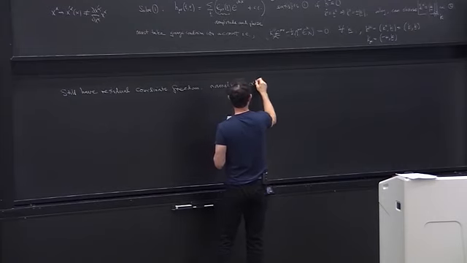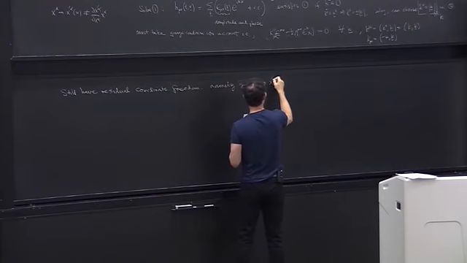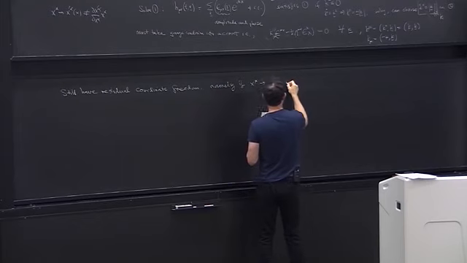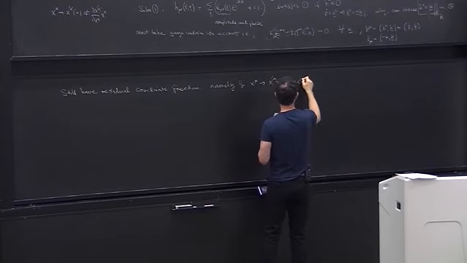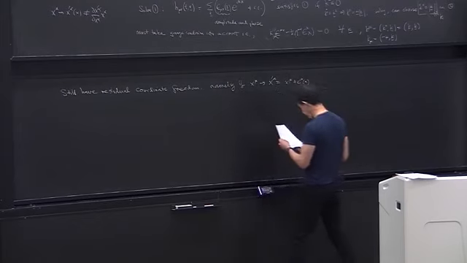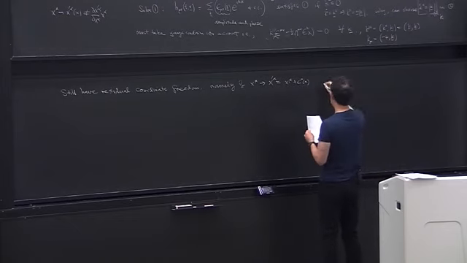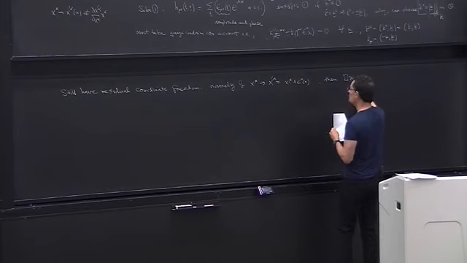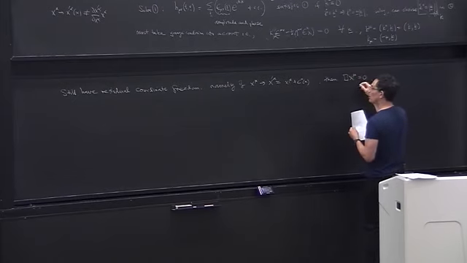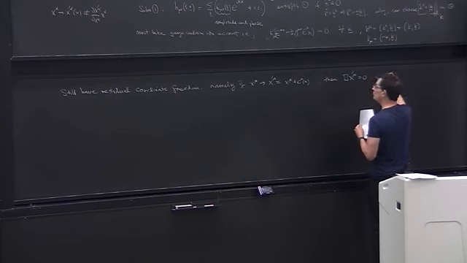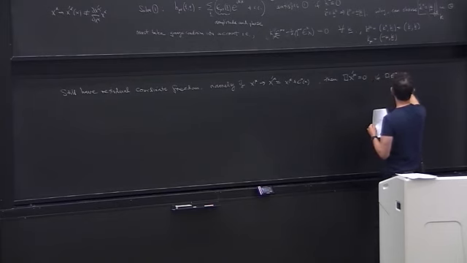if we change coordinates from x^μ to x'^μ, which is x^μ plus ε^μ(x), then box x^μ equals 0 and box x'^μ equals 0 as long as box ε^μ equals 0.